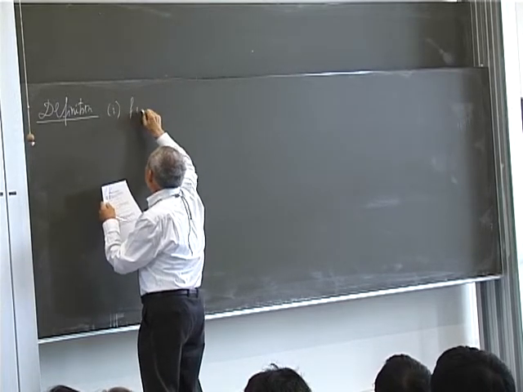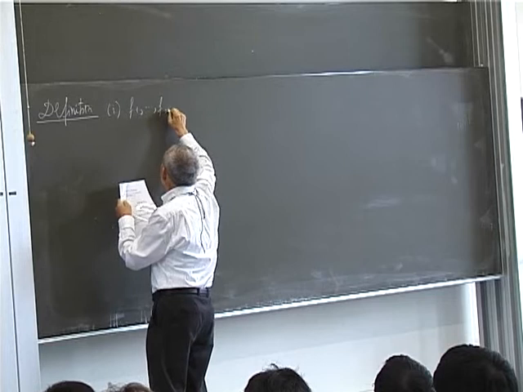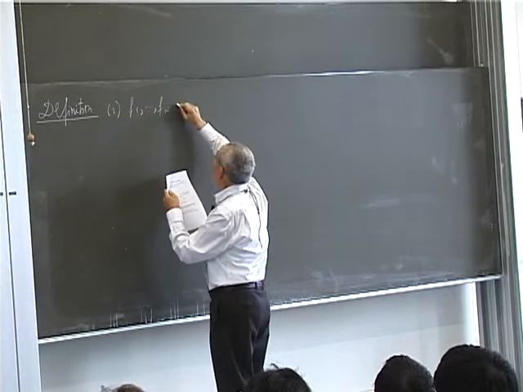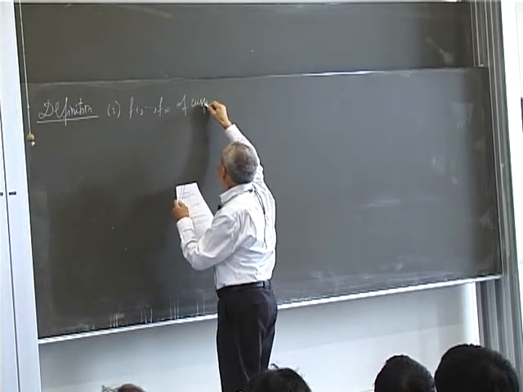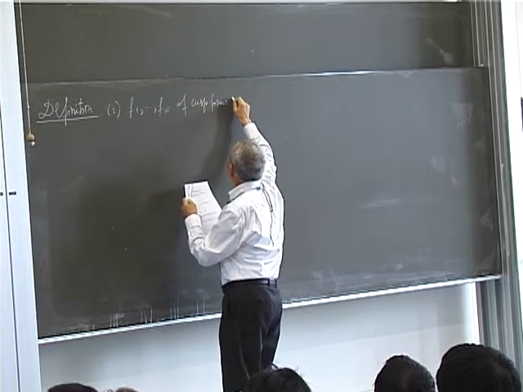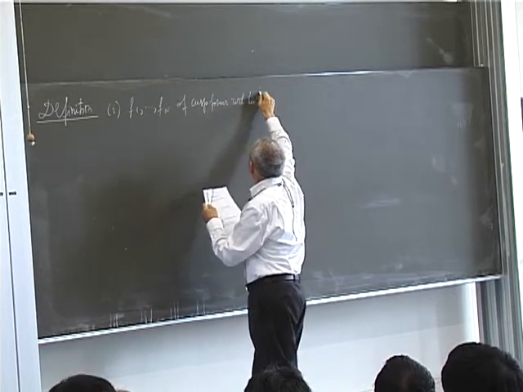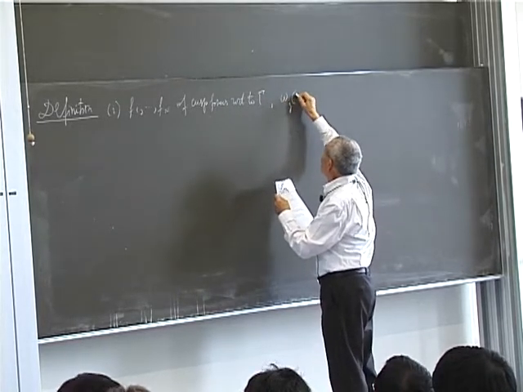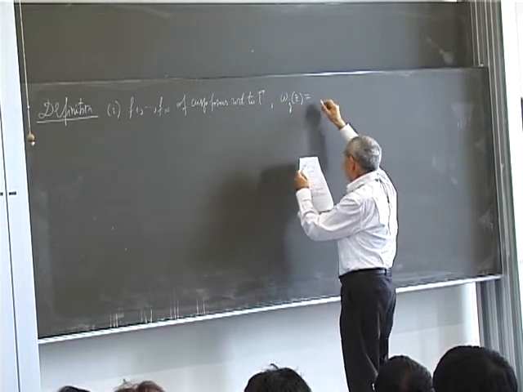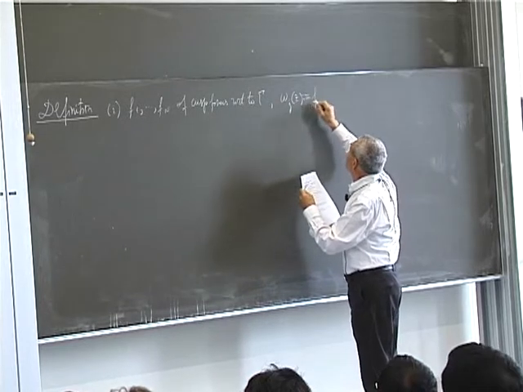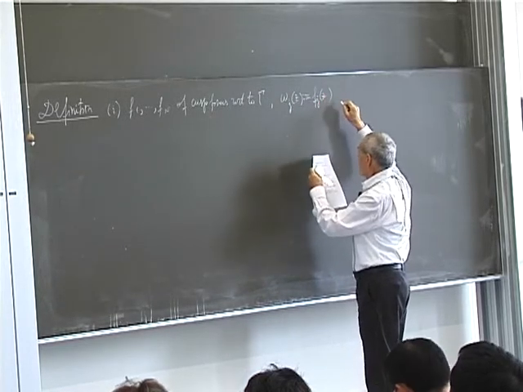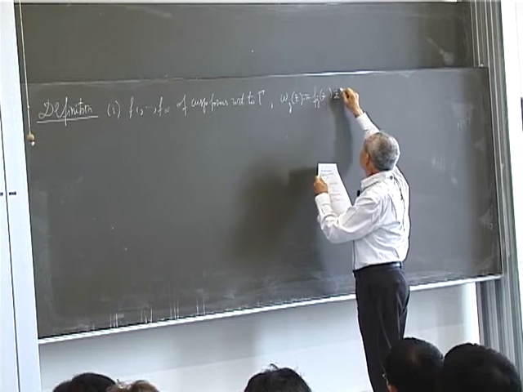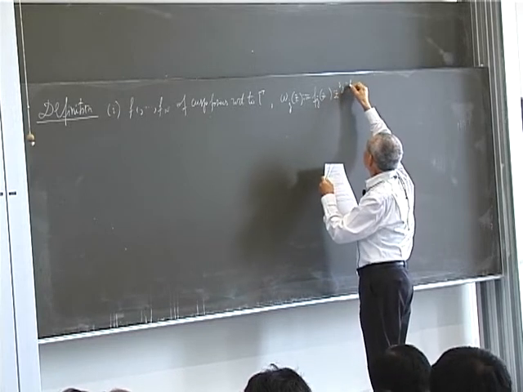So, definition. Suppose that I have a finite sequence of cusp forms with respect to gamma. And then I have the sequence of one-forms constructed out of it with various Manin arguments.